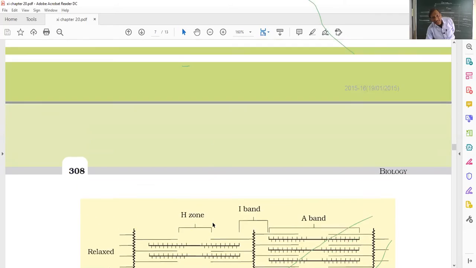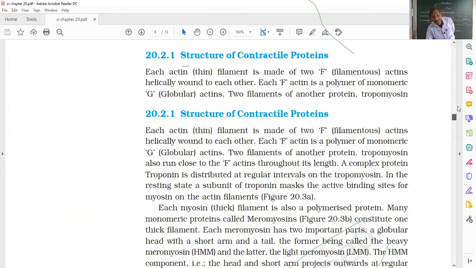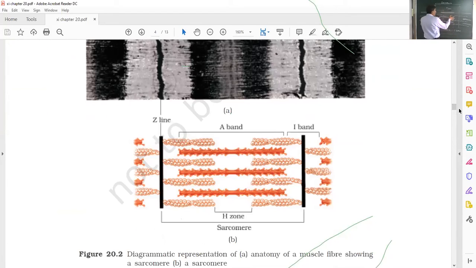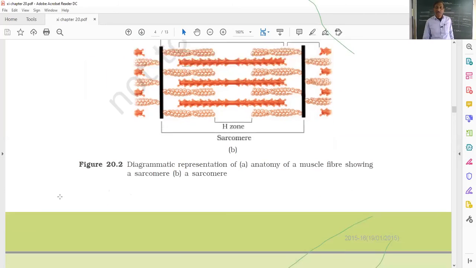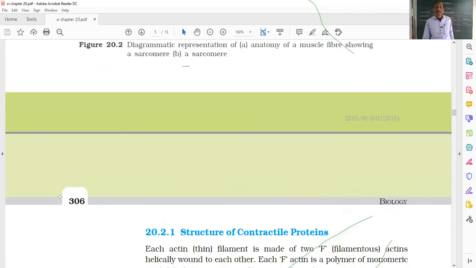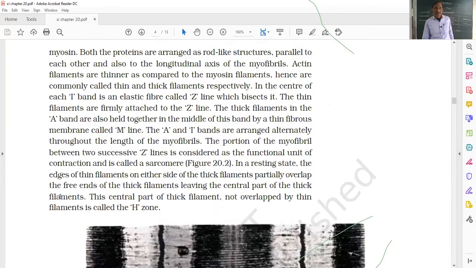When the muscle contracts, the myosin inserts into the actin more, or rather the Z lines come closer and the overlapping becomes greater, the I band will shrink, and the A band remains. Okay, so this is the structure of the muscle fiber. With that we have completed the structure of the muscle.